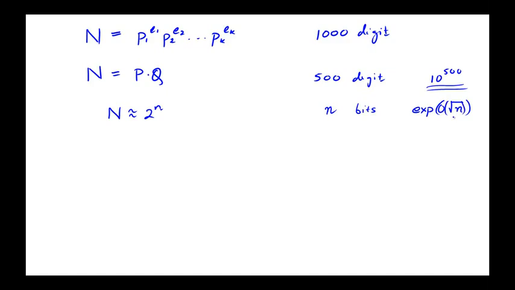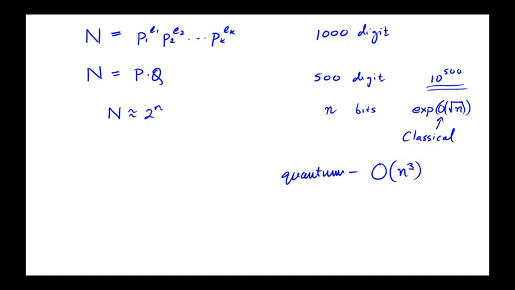By contrast, a quantum algorithm for finding the prime factorization of n will run in time which is polynomial, say order n cubed, although we can improve it.